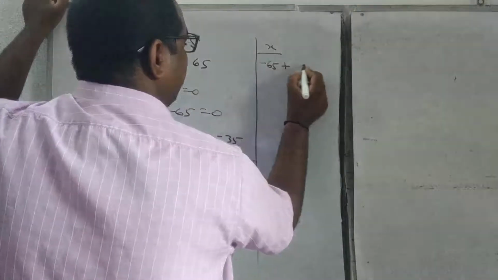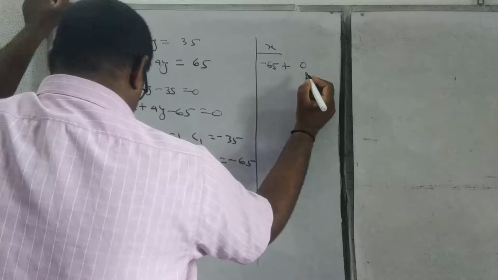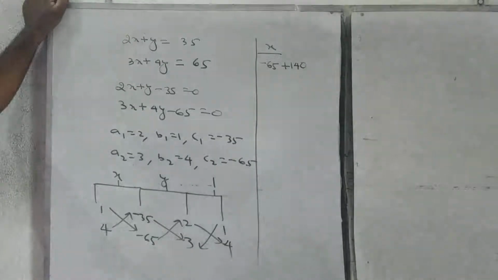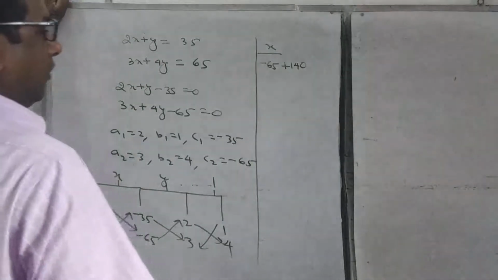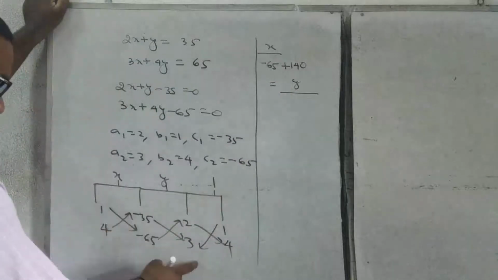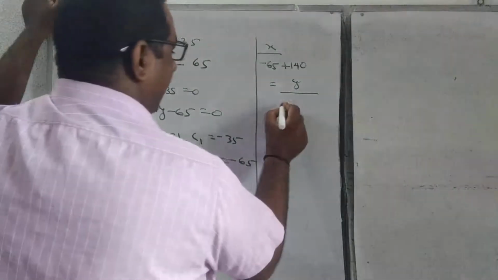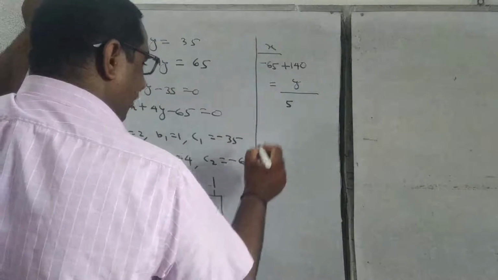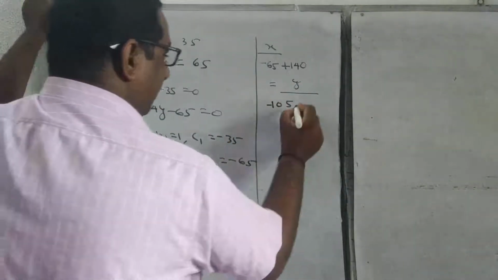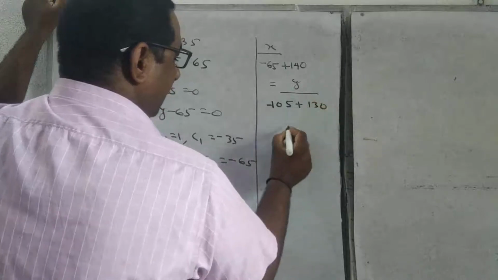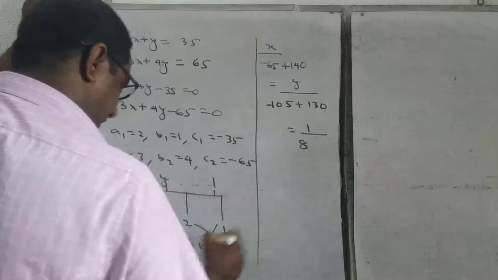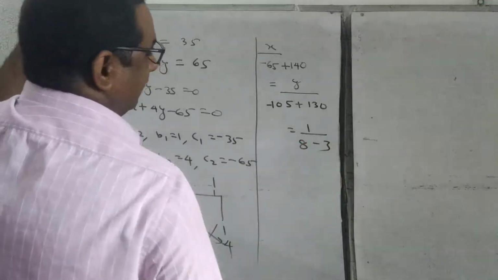So plus 5 4 ja 23 4 ja 12 or 2 140 is equal to y upon, see, minus 35 into 3, 5 3 ja 15, 3 3 ja 9 or 1 10, minus 105, and then again plus 130 is equal to 1 upon 2 4 ja 8 minus 3.